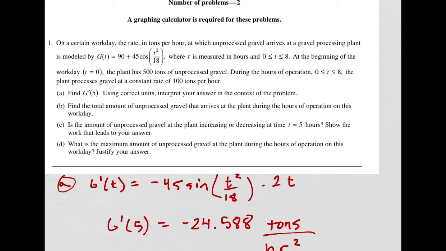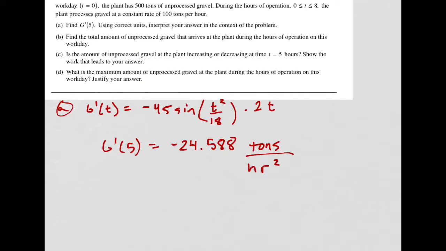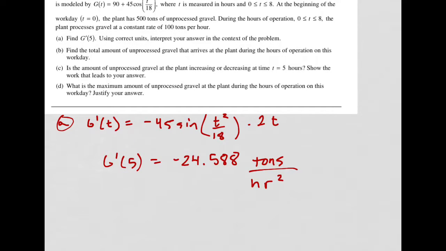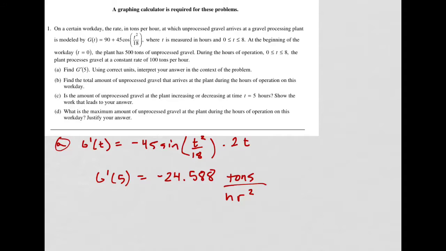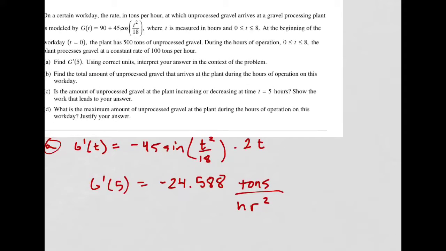Well, here we're saying the derivative of the first derivative. So since it's negative, we can say G of T is decreasing at this rate, because this is negative. If I say G of T decreasing, I'm actually talking about the derivative of G. And G of T means the rate at which gravel is processed, right?